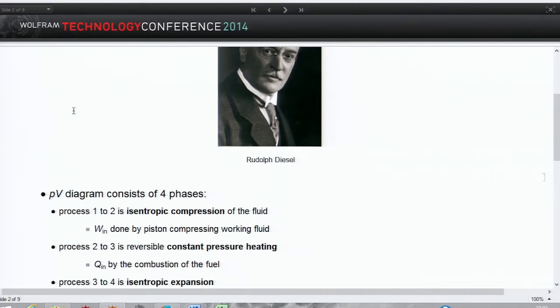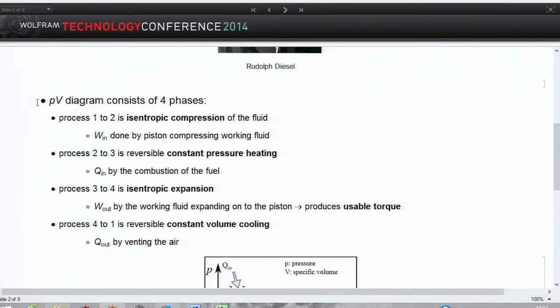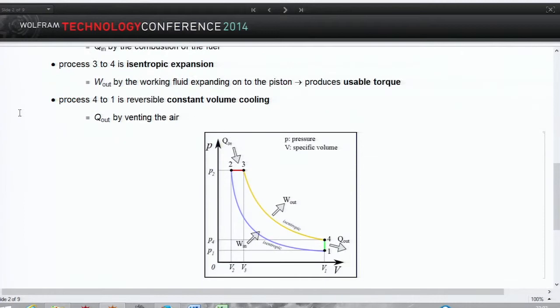There are four important parts of this cycle. This cycle starts in state number 1. In this state, the gas in the chamber is compressed. We have to do some work, and we move to state number 2.